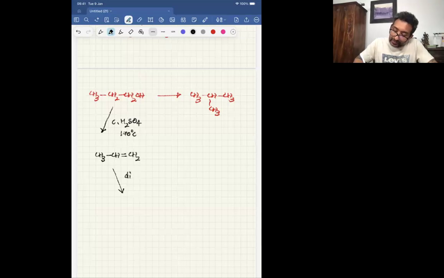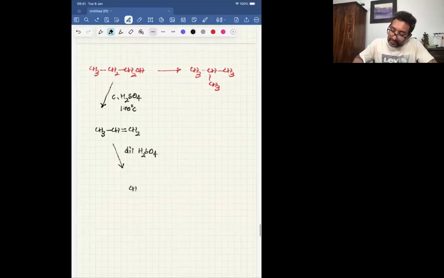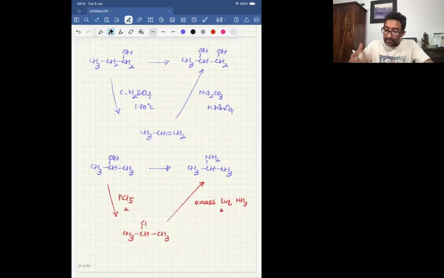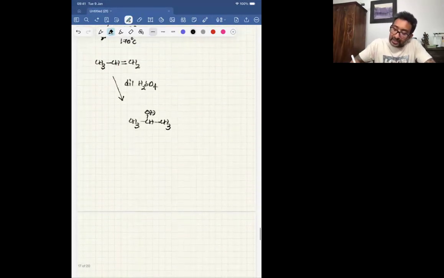Dilute sulfuric, CH3, CH, OH, CH3. Okay, but you can do the Grignard and the bromine and attack it also. But it's a better method of doing this.